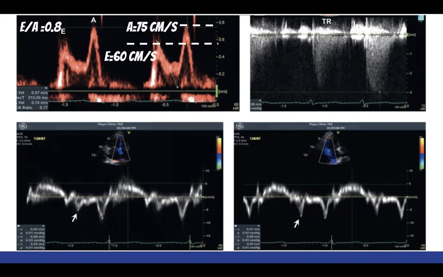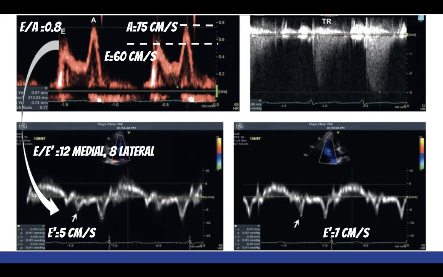So the thing about this one, again, the E to A ratio is about 0.8. Your medial E prime is 5, lateral E prime is 7, and E to E prime ratio is medial 12, lateral 8, and TR velocity is higher than 2.8.